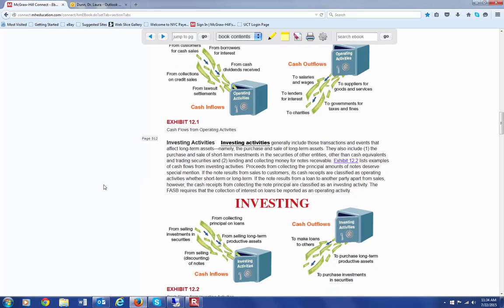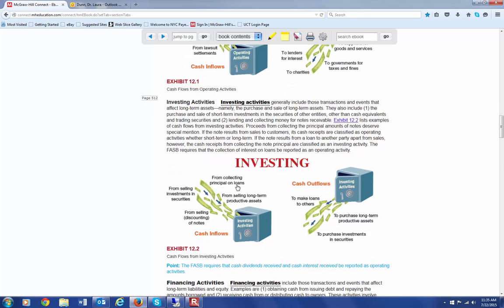When you're talking about an investing activity, you're talking usually about something that is going to go on the long-term asset section of the balance sheet. It also can include the purchase and sale of short-term investments in the securities of other entities, and if you lend or collect money for notes receivable. Now down here it gives you some examples of things that would be investing activities.